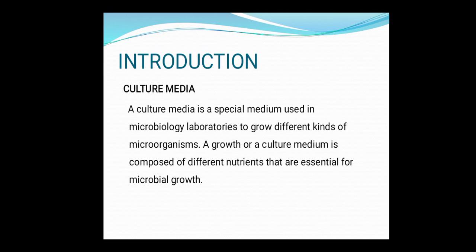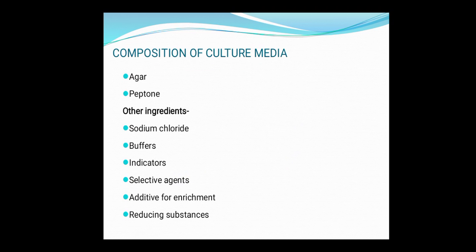So the basic ingredients or constituents required for the growth in culture media include agar. Agar is the main component that is used universally for preparing the solid media. It is usually obtained from seaweeds, and after necessary processing it is available in powdered form, and it is usually used in a concentration of 2 to 3%.